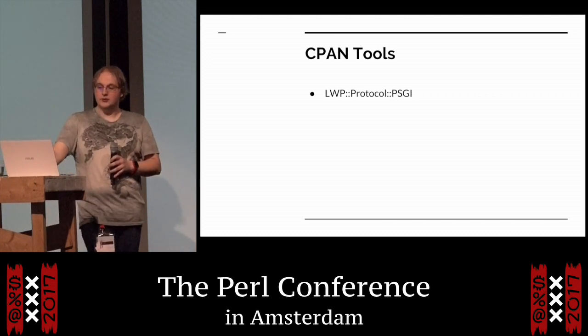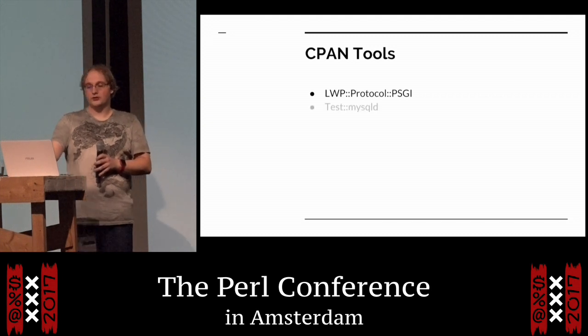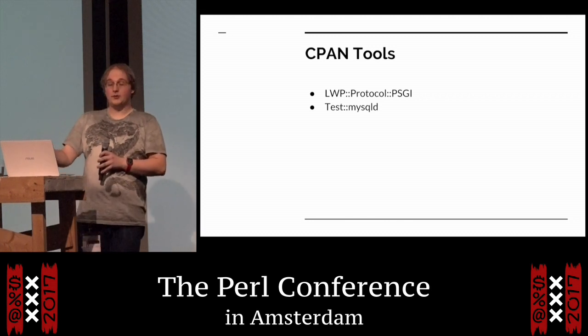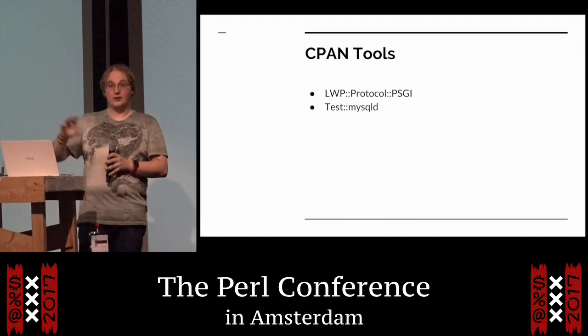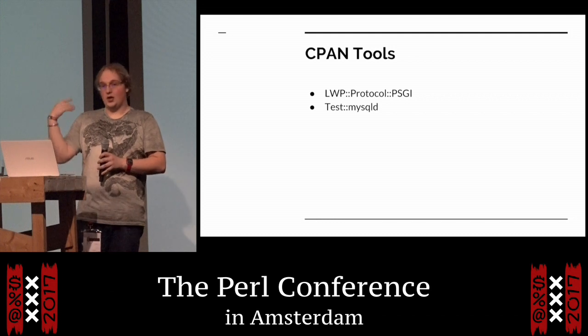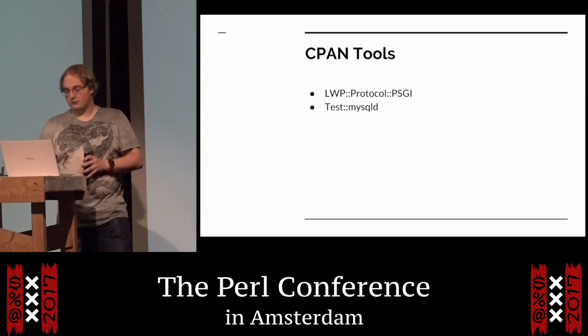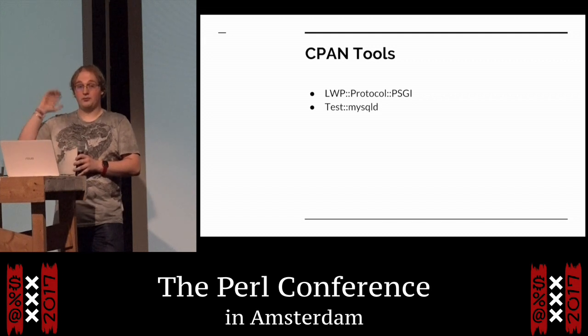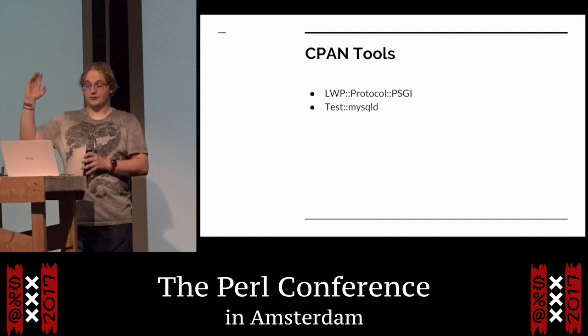When I was saying earlier about using an SQLite database in memory, you could also use Test::mysqld, which will actually give you a MySQL daemon and pass you back a DSN that you can throw into DBI, DBIC, insert database system here, and then you can play with it and it'll spin it up. You can do what you want, do your test, kill it again.